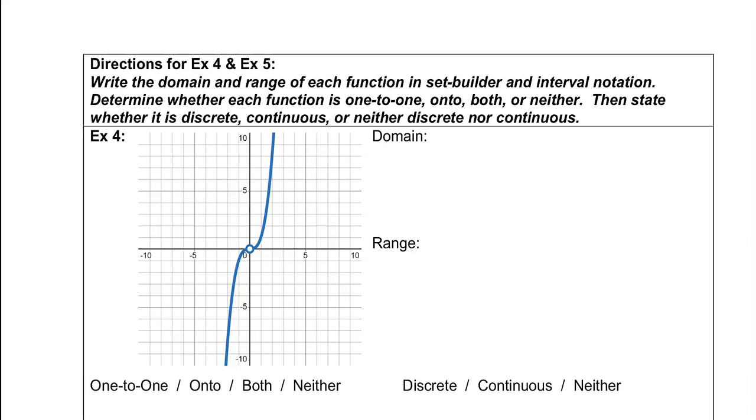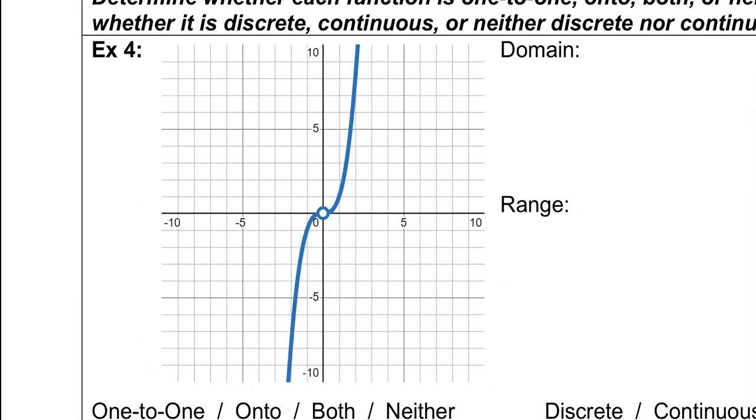Then state whether it's discrete, continuous, or neither discrete nor continuous. On this first one, I'm just going to add the arrowheads in so that you can see them.